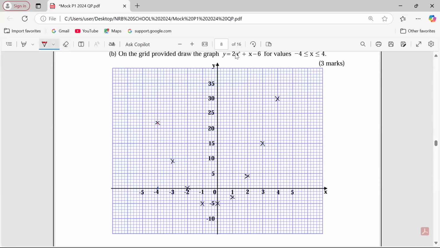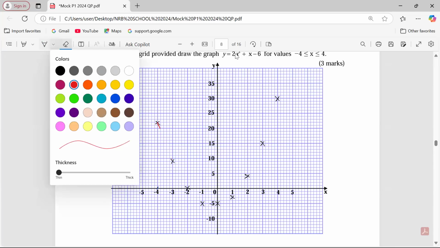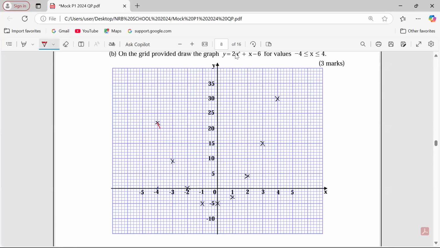The curve is supposed to be very smooth. I'm trying to be as perfect as possible. And now we are turning.